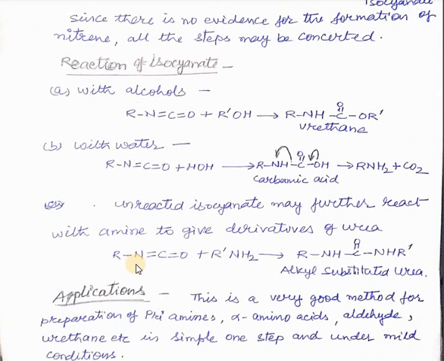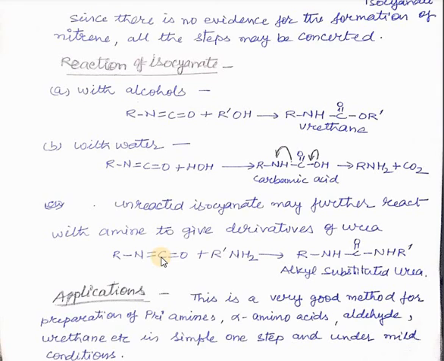This is the isocyanate, and it reacts with the primary amine RNH2 to give the alkyl substituted urea. The reaction is the same, addition on the C=N bond: H is added to the nitrogen, and RNH is added to the carbon atom.